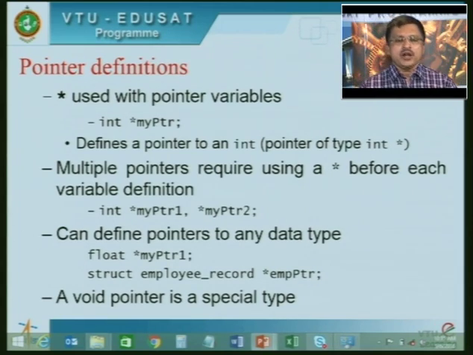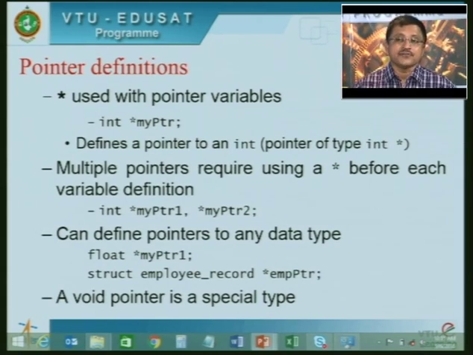Now you may be wondering, why should a pointer be associated with a data type? If you remember the first slide, when I wanted to print the contents of a pointer variable, I prefixed it with a star. We did printf %d, star ampersand a, which we call an indirect reference.